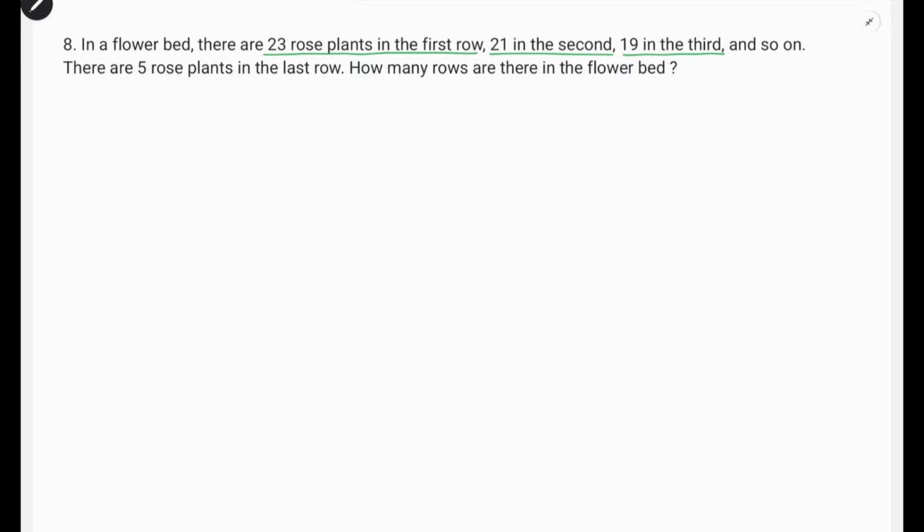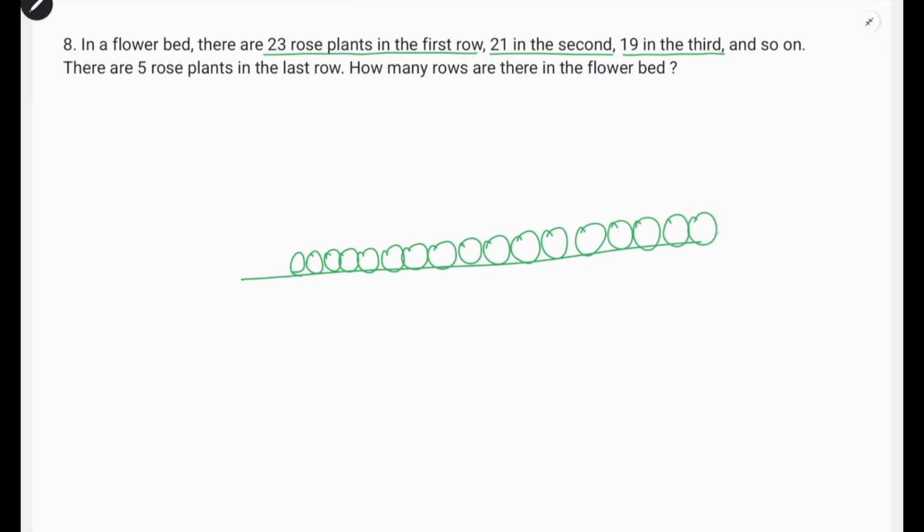See, in a flower bed, there are 23 rose plants, 1, 2, 3, up to 23. There are 23 in the first row. This is the first row, and 21 in the second row.